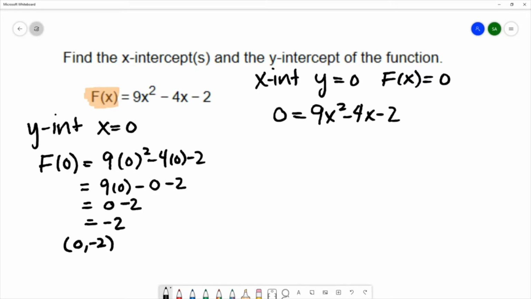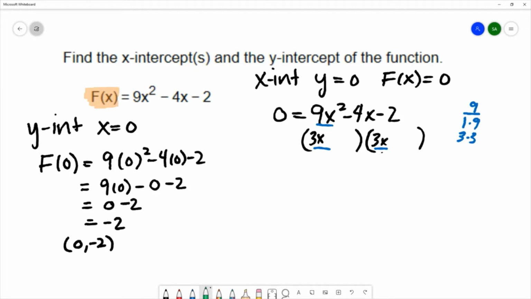And I might try to factor this first. The numbers that go in this position and this position would need to multiply to be 9x squared. So I have some choices for factors of 9. That's 1 times 9 and 3 times 3. So I'd probably try 3x and 3x first.